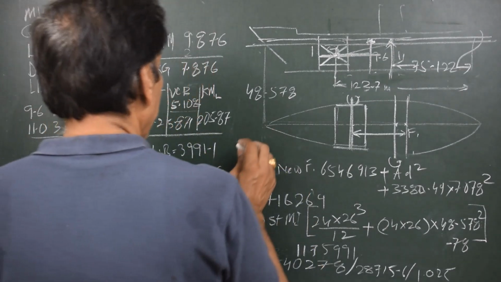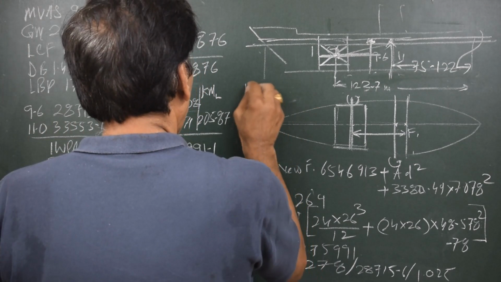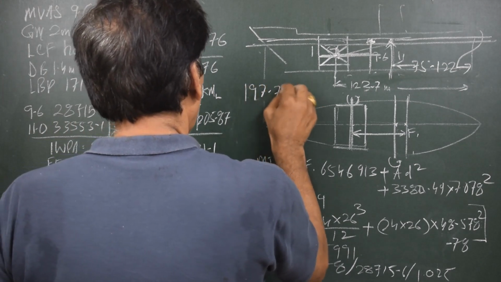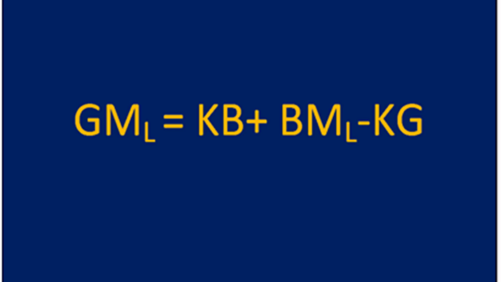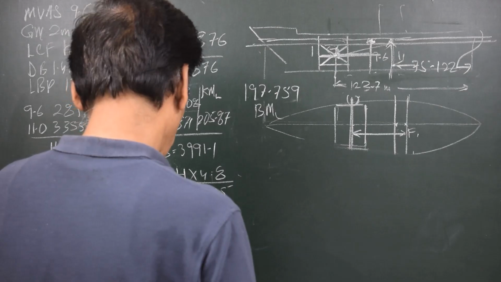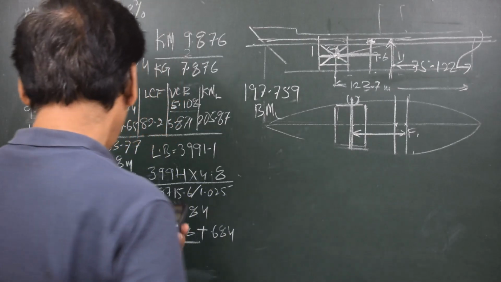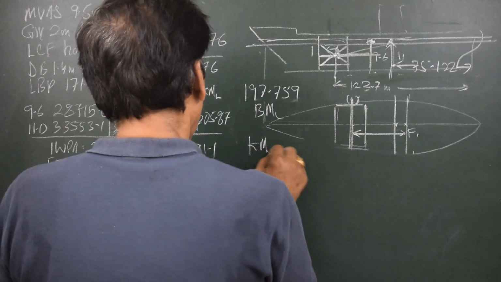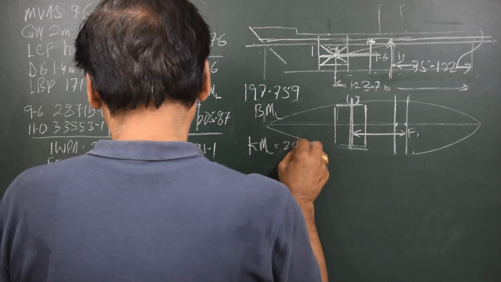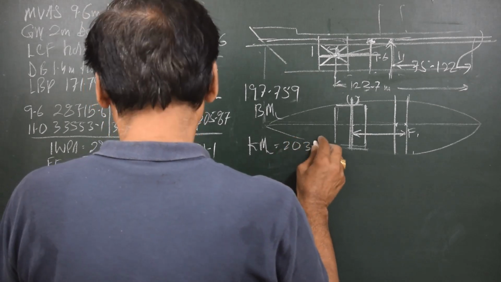So 197.759 is the new BML, plus 5.792, I get KML. So KML is equal to 203.551.